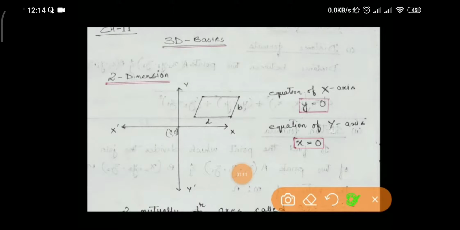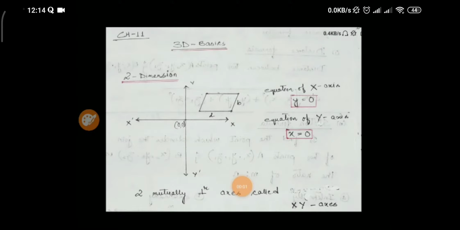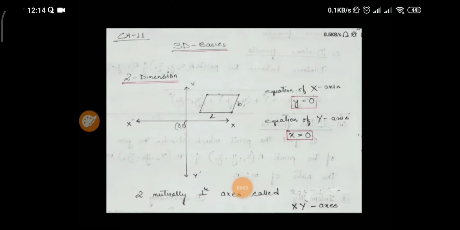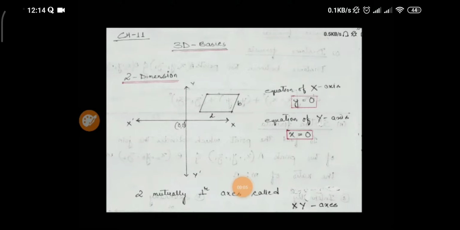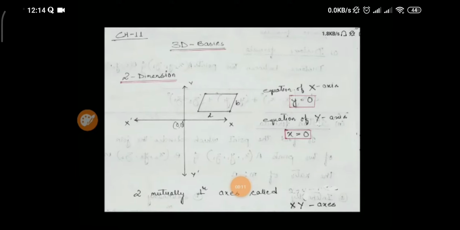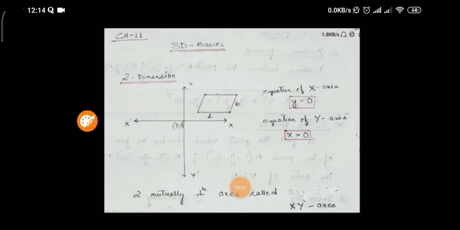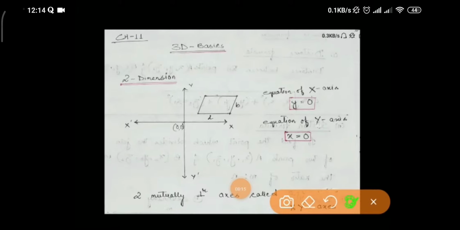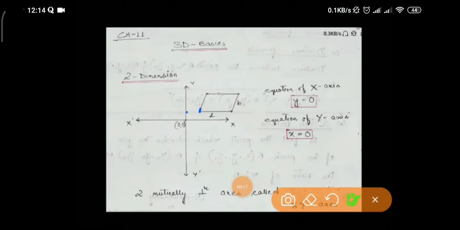Now you can see that these two axes are mutually perpendicular to each other.